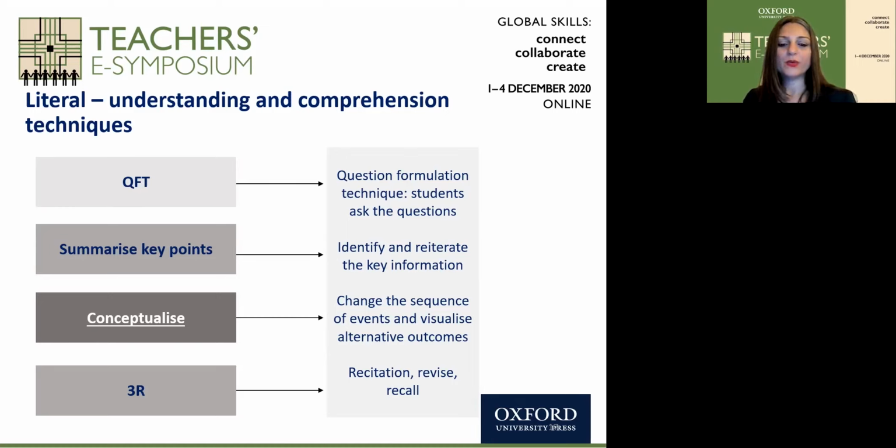When students read the title, you might want to ask them, what do you think this text is going to tell us about earthquakes? Can you think of 5 questions that you might want answered? So they might come up with questions such as, where do earthquakes normally take place? How are earthquakes measured?